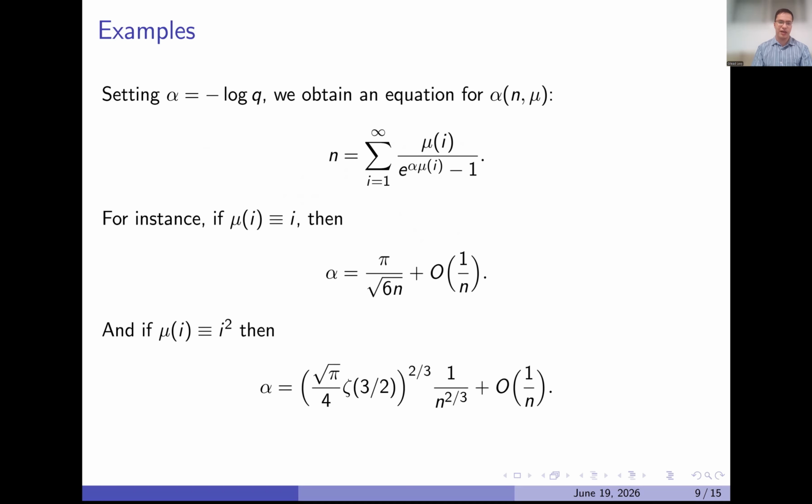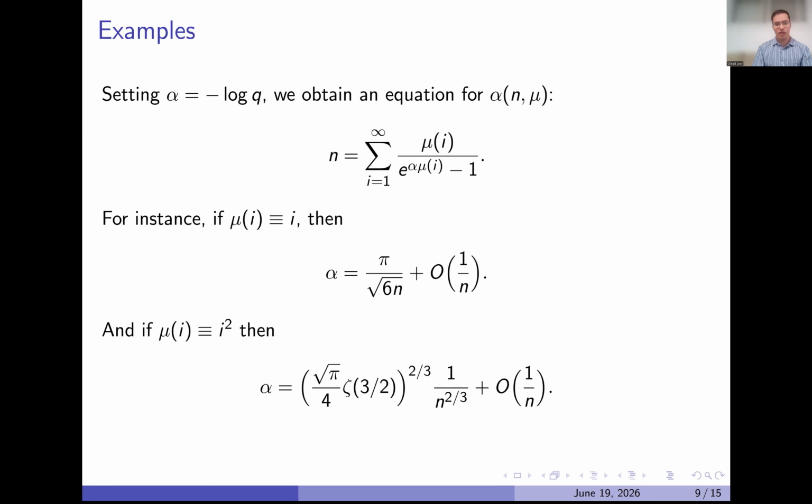So some specific cases: if the parts are not restricted at all, that means that each part can have any natural value, then we can set mu of I to be equal to I for any natural number I. Then using asymptotic analysis, we can evaluate alpha and find that it tends to 0 as n increases.